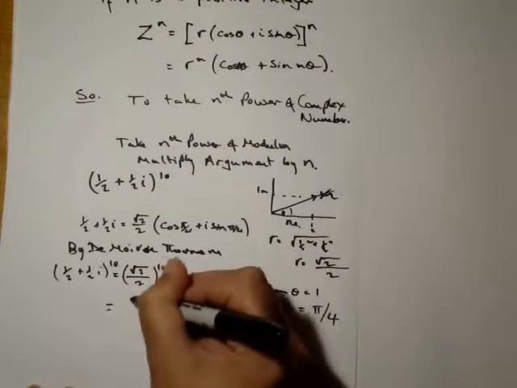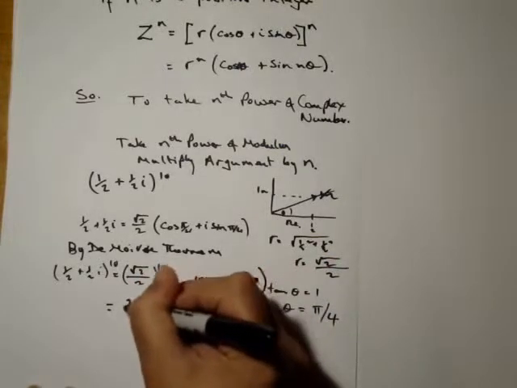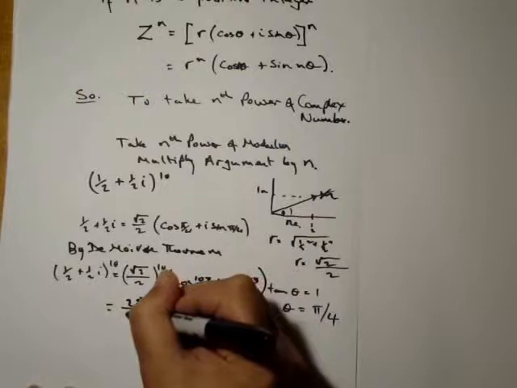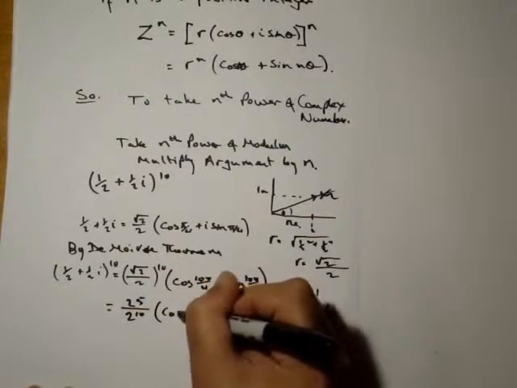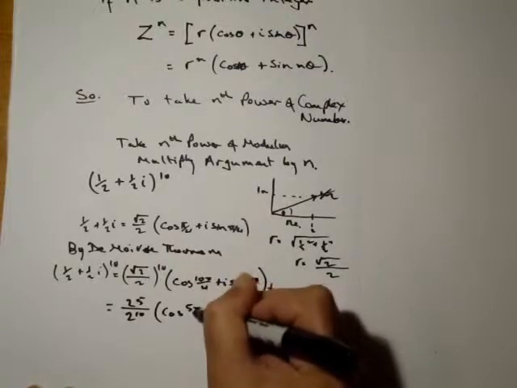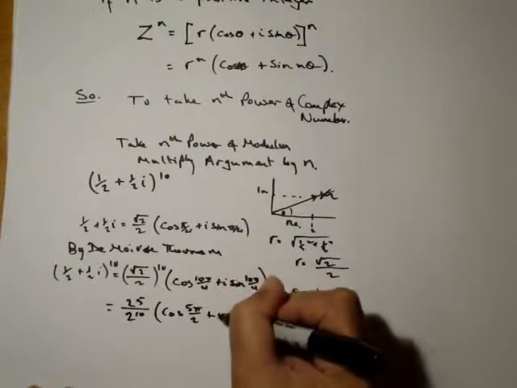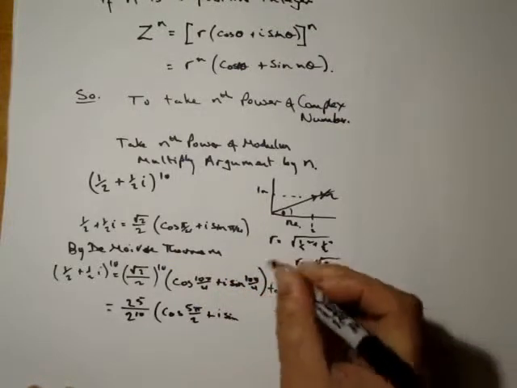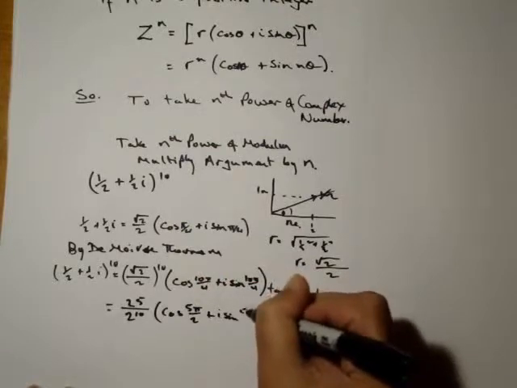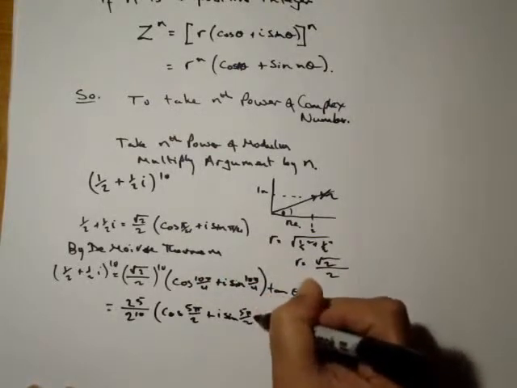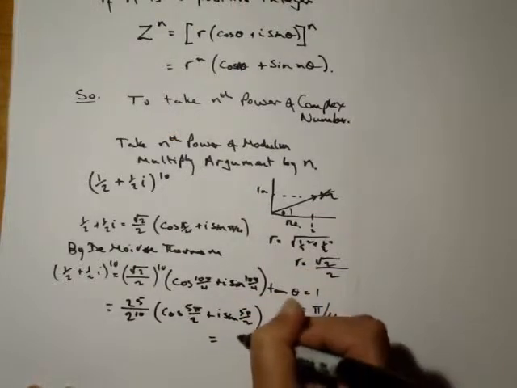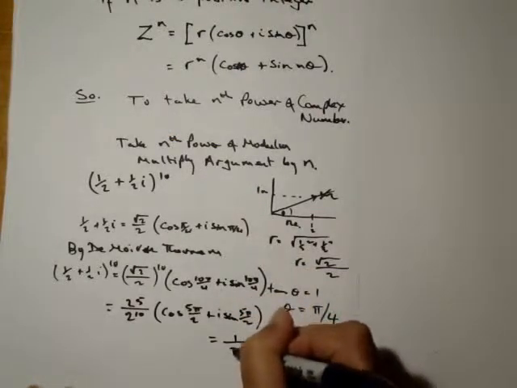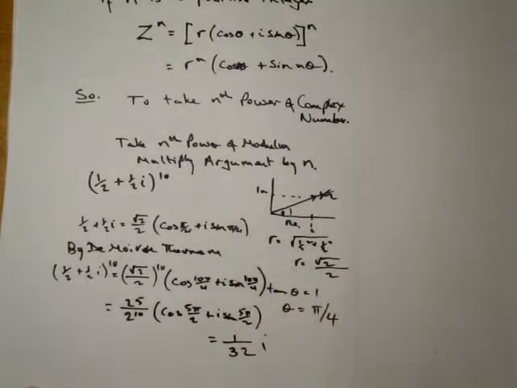This equals 2 to the 5 over 2 to the power 10, cos 5 pi over 2 plus i sine 5 pi over 2, which equals 1 over 32 i.